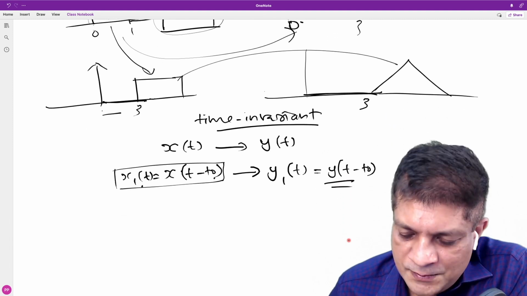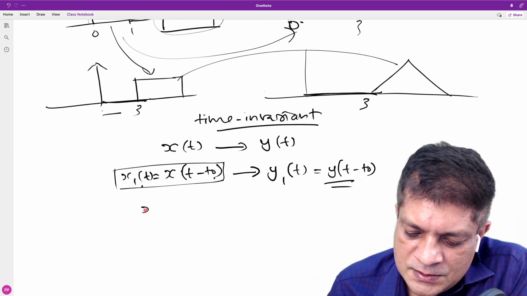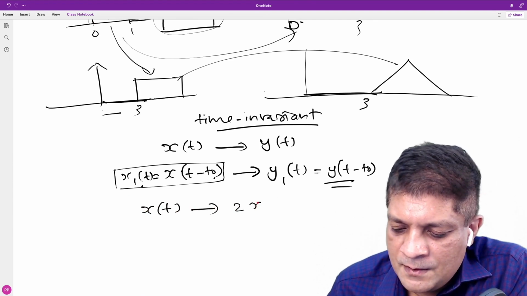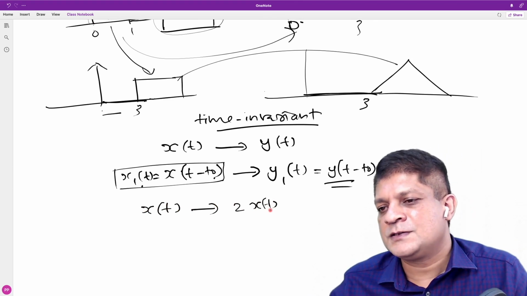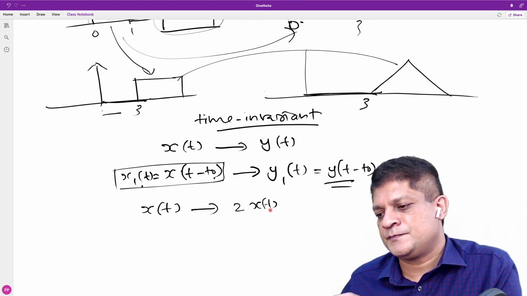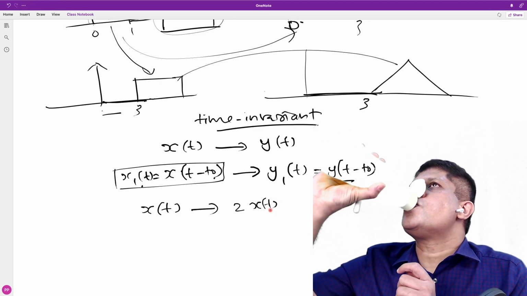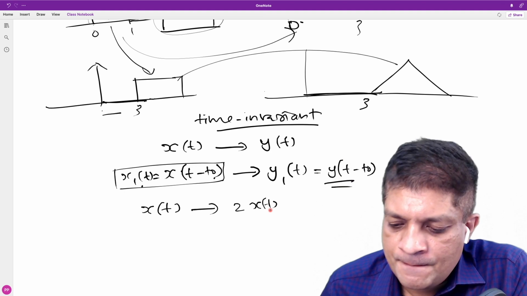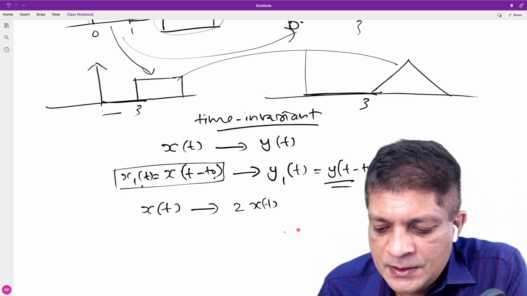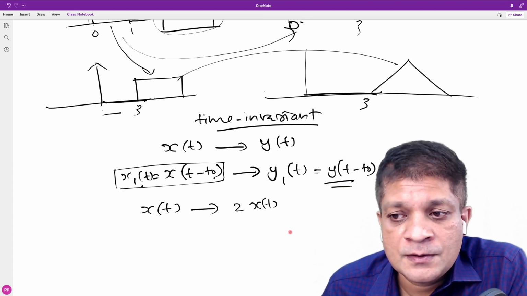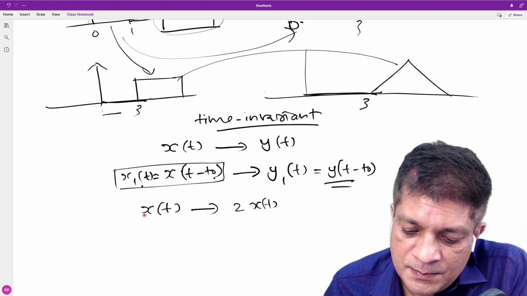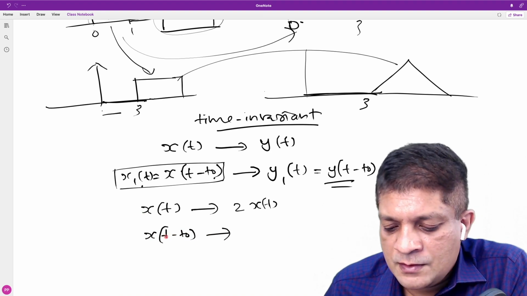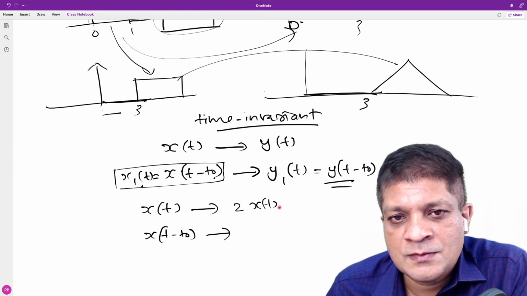Okay, now let us consider a few examples. Let us start with this one. Is it a time varying system or time invariant system? It is time invariant, because if you are delaying x(t minus t naught), so what is the system?